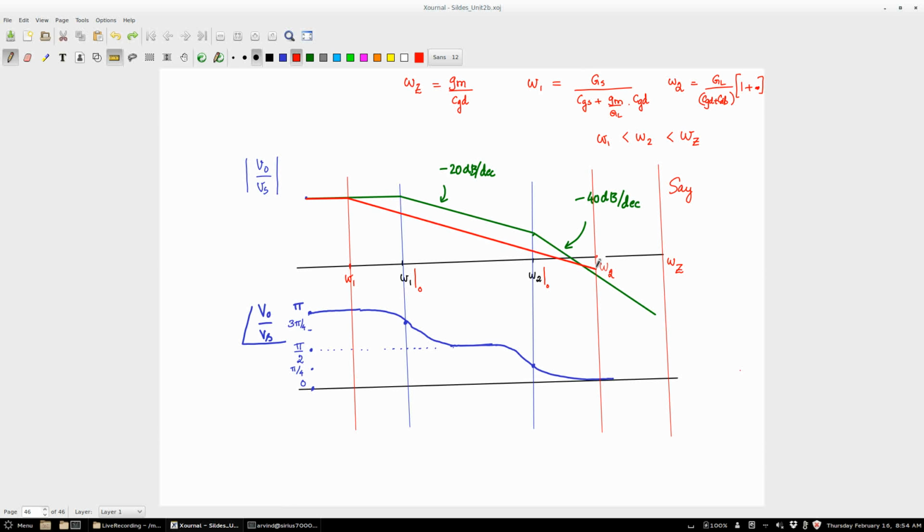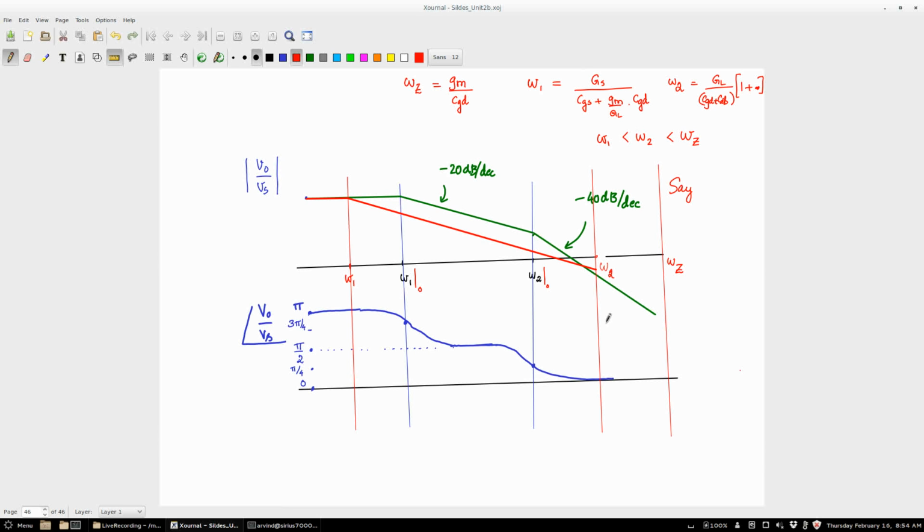So be careful when you draw this. It should be parallel to that previous one, and it should go all the way until omega 2.